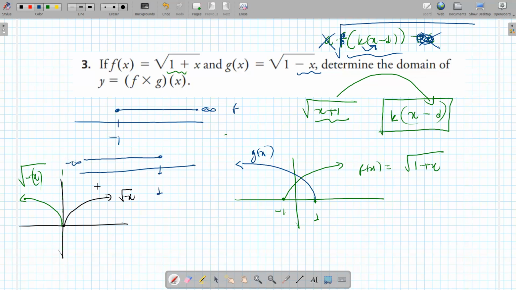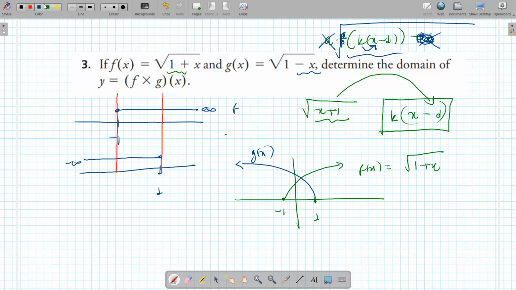So where are they intersecting? What do both of them have in common? -1 to 1. So that is going to be the combined domain of f times g, or f plus g, or f minus g, or f divided by g. It's where both of them intersect. So -1 is included because they can both be -1 and they can both be 1.